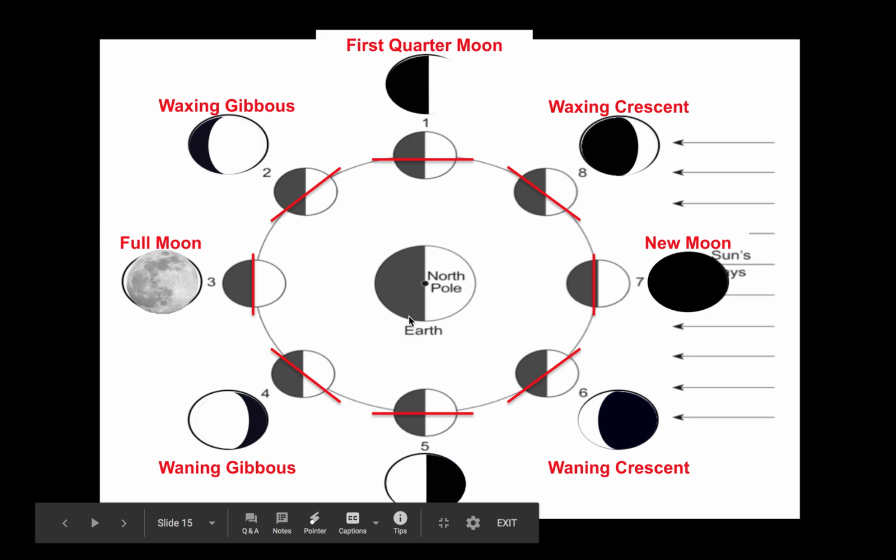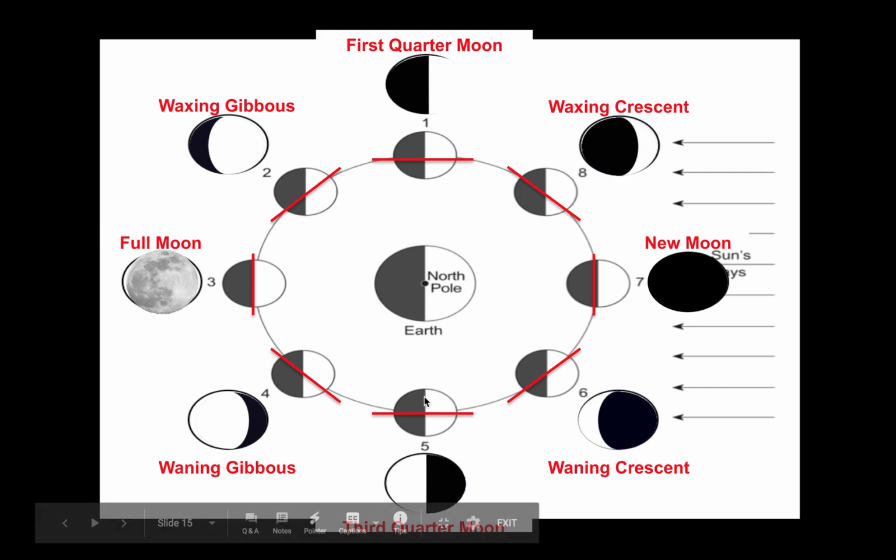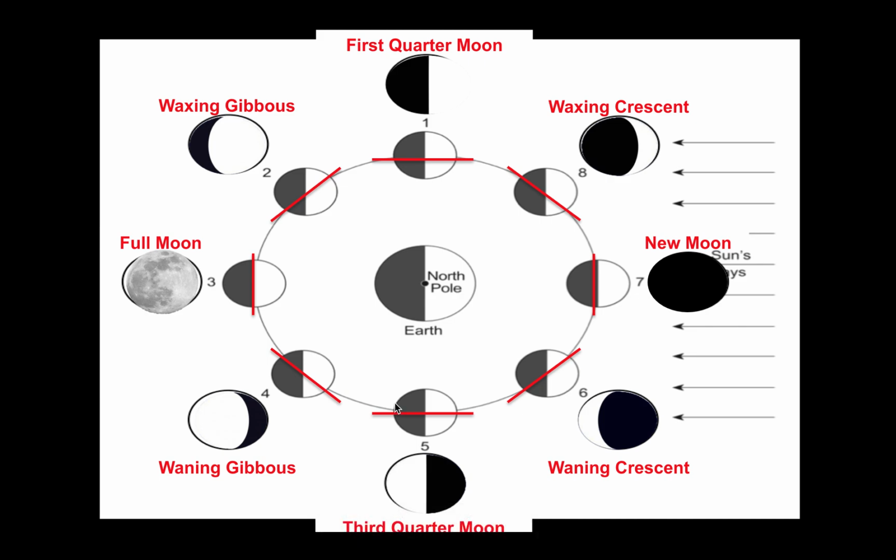5 might be a little tricky, so you have to, again, draw your human. And from the human's perspective, the left side would be lit up, the middle is split, and the right side would be dark. Again, you have to look from the human's perspective on Earth.